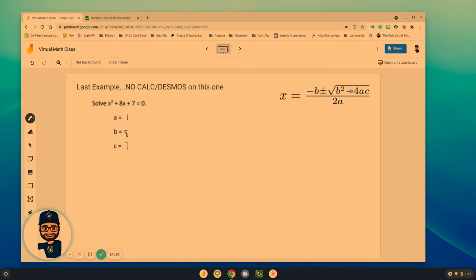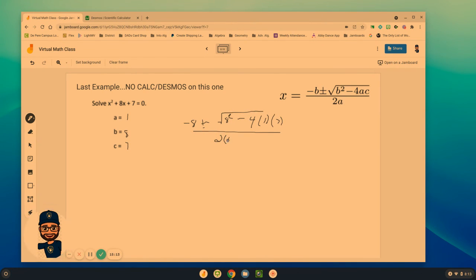So I'm going to plug it in there. The opposite of B plus or minus the square root of b squared, which is 8 squared, minus 4 times a times c, all over twice a, all over 2 times 1.